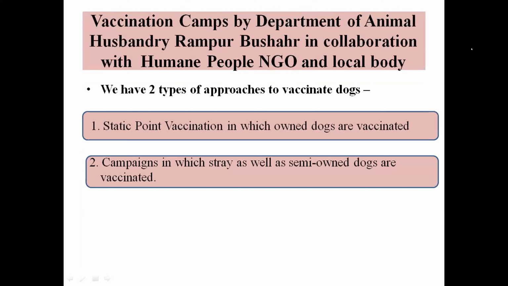So how are we doing this? Vaccination camps by the Department of Animal Husbandry and Rampur Shahar in collaboration with Humane People NGO. There is one NGO we have framed, and I'm a founder member of that NGO. And along with the local body, we have 2 types of approaches to vaccinate dogs. One is the static point approach, one is campaign mode.